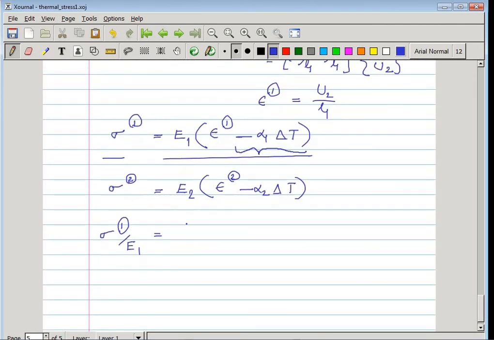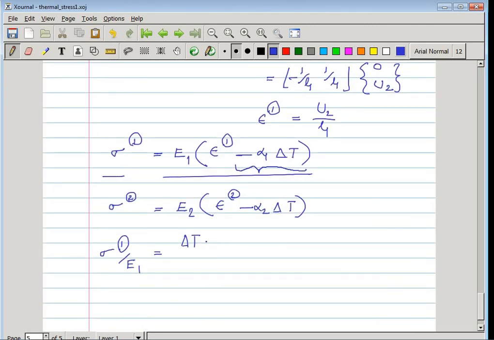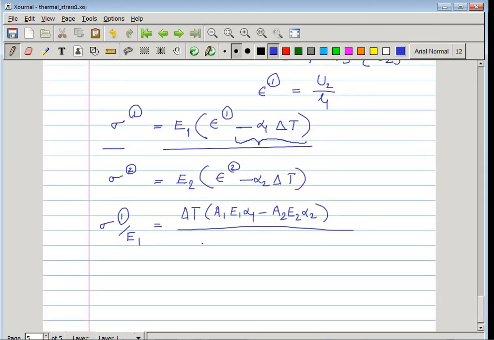U2 delta T A1 E1 alpha 1 minus A2 E2 alpha 2, divided by A1 E1 by L1 plus A2 E2 by L2.